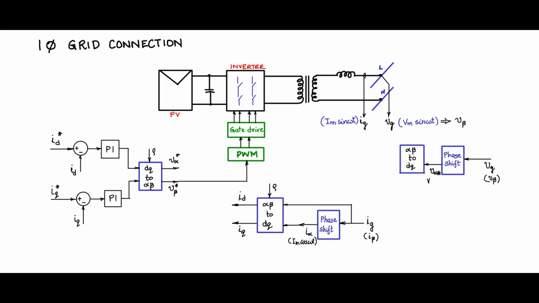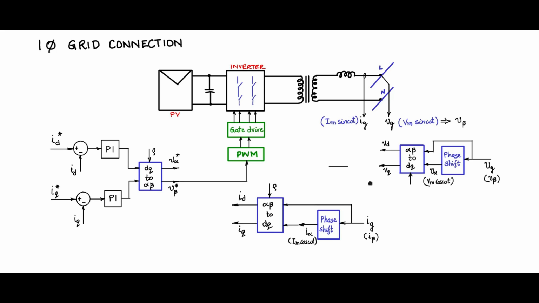The phase shifter output is going to give me V alpha because it has shifted it by 90 degrees, which is Vm cos omega t. This was Vm sin omega t, and I can use Vg here. So this will give me V beta and V alpha, and I will pass it through alpha beta to DQ, which will give me Vd and Vq, and this will have a rho input.